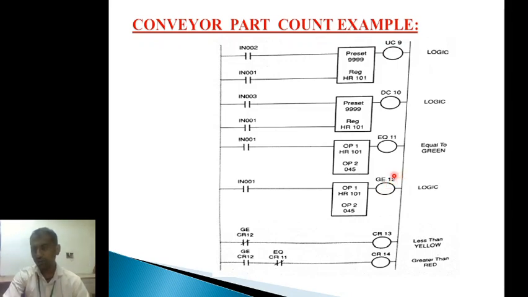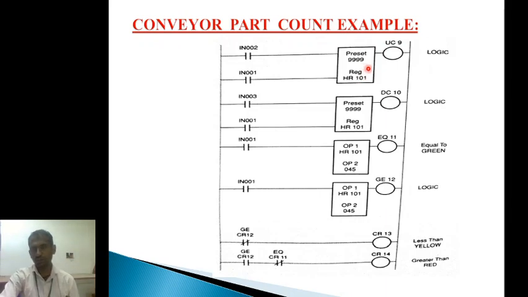So when equal to 45, we may indicate the green light, and when less than 45, then yellow light will be on, and greater than 45, red light will be on. For that, here we have two counters which can count the values present in the HR0101.